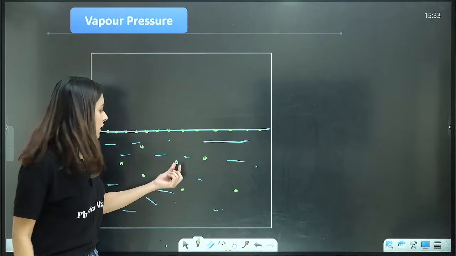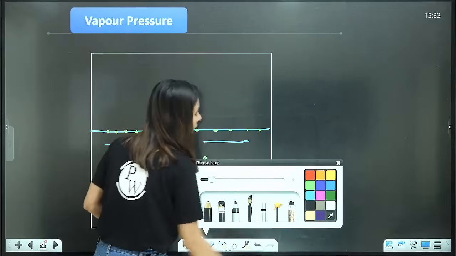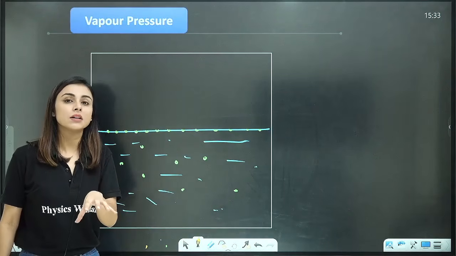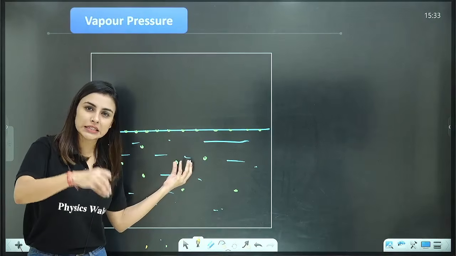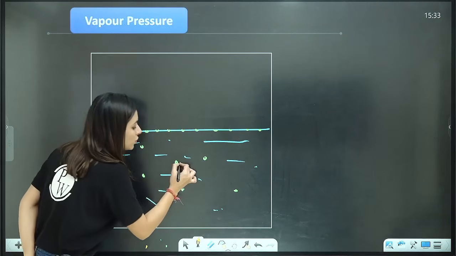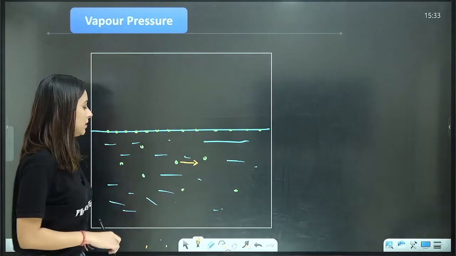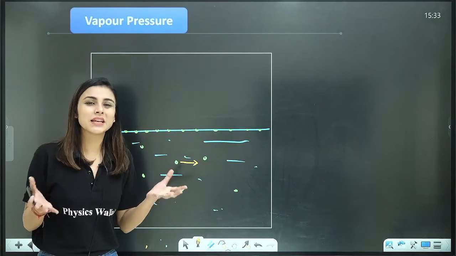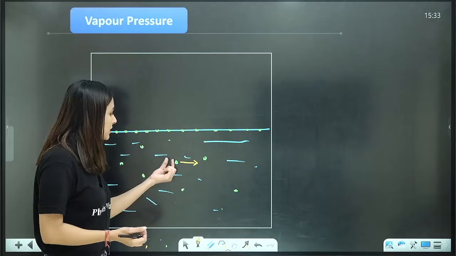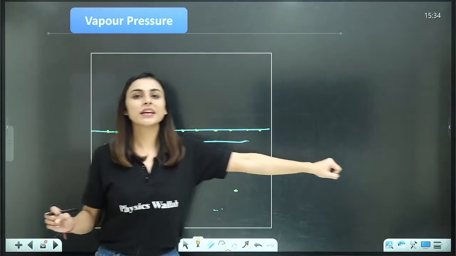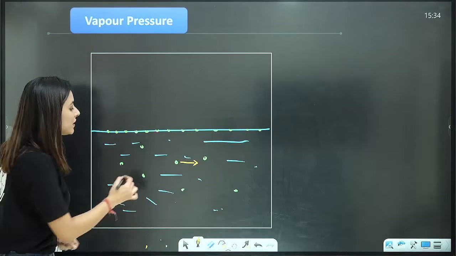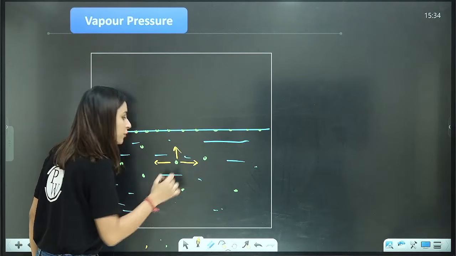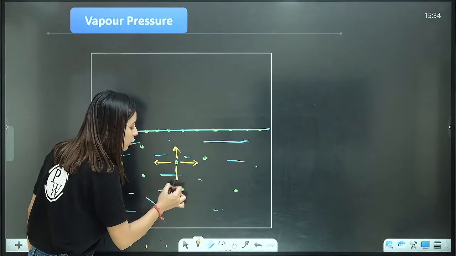Now, imagine one particular particle that is inside, in the bulk, so basically it is in the jail. It experiences a force from this side. There will be many thieves present there. One thief pulls him towards himself, the other thief pulls him from this side, another from upside and another from outside.